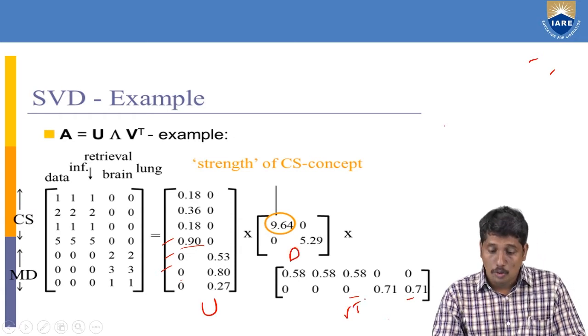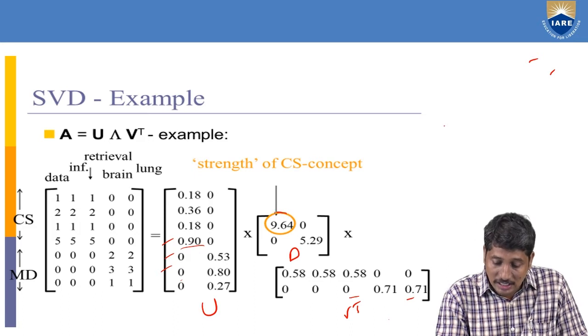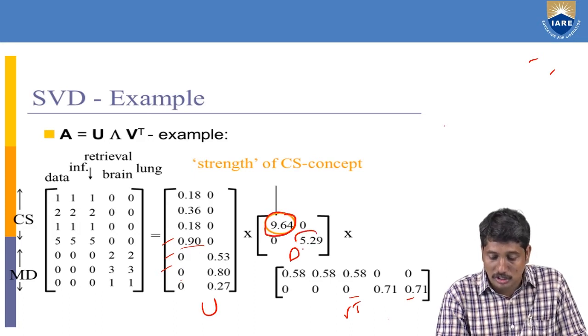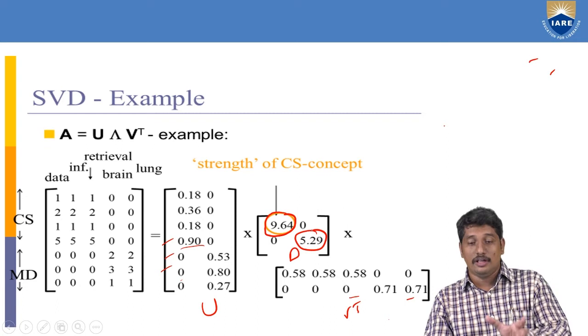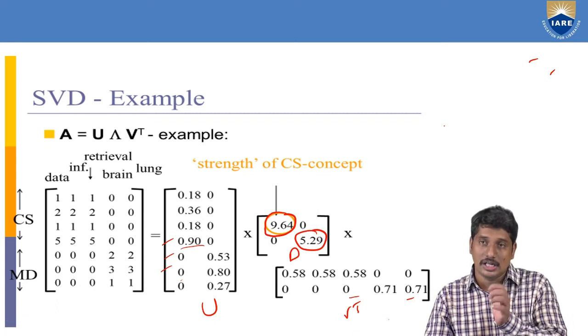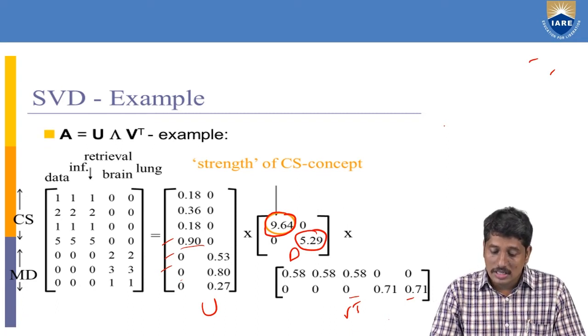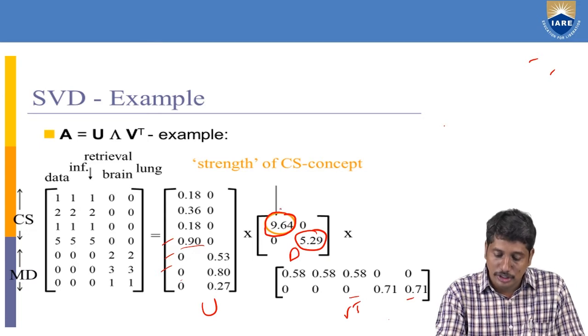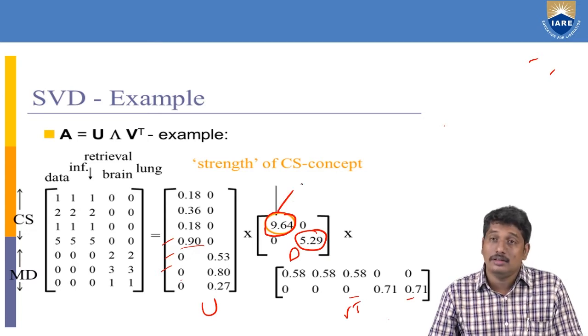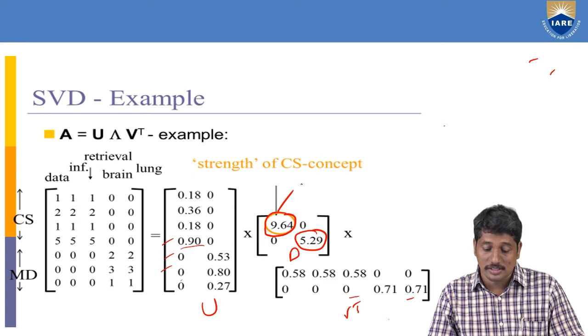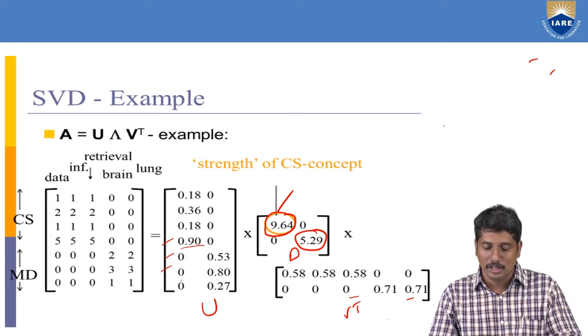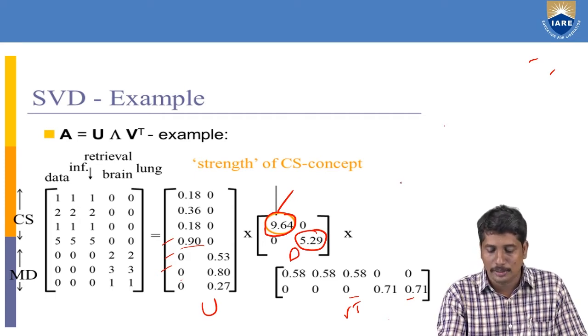Now we are looking at these two, the eigenvalues, the singular values. Among these two singular values, we are picking the singular value which is bigger. Among these two, 9.64 is bigger than 5.29.